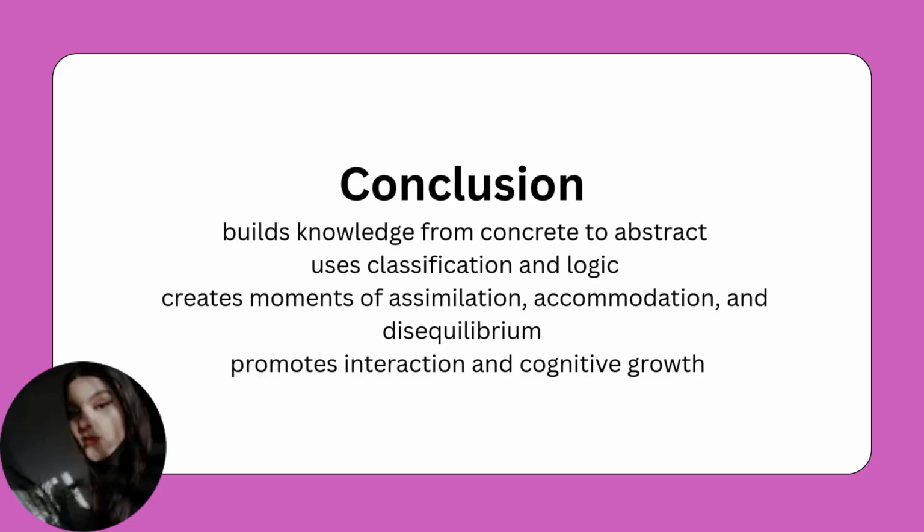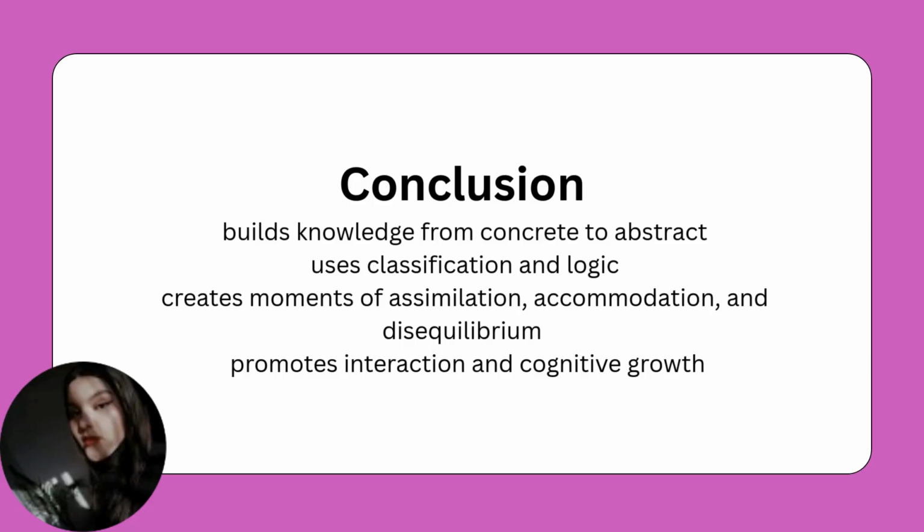All right, so to conclude, this lesson plan shows how Piaget's theory of cognitive development can be applied directly in an English class. Each activity was created for learners at the concrete operational stage using visuals, real objects, concrete tasks, and also hands-on practices. These are the types of learning experiences students at this age understand best.